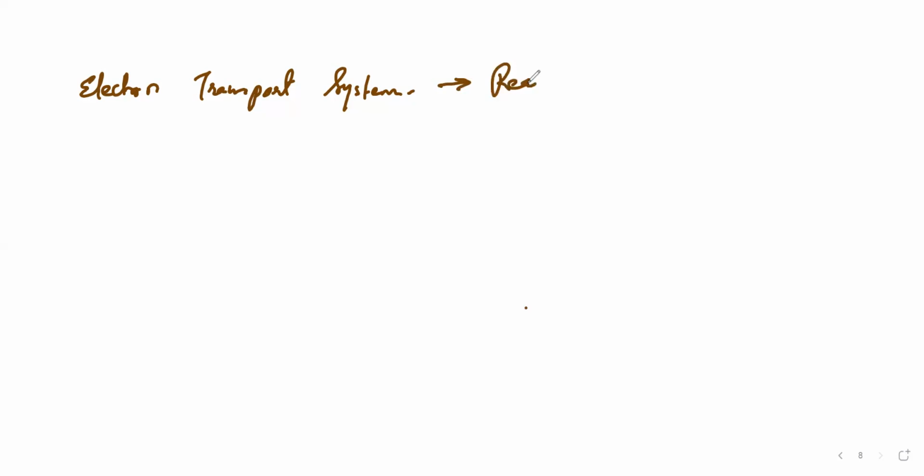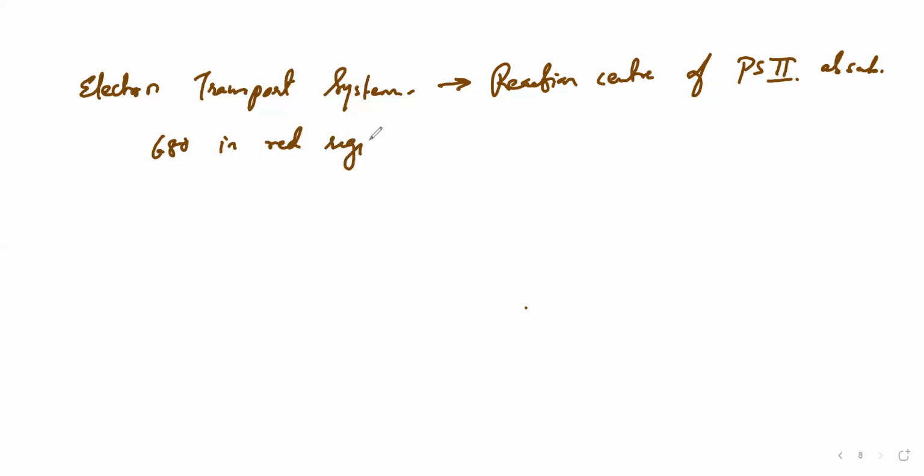So electron transport system means the reaction center of, take PS2 over here, is going to absorb at 680 nanometer. So basically it comes under the red region. And because of this the electrons get excited, and when the electrons get excited, they are picked up by an electron acceptor.